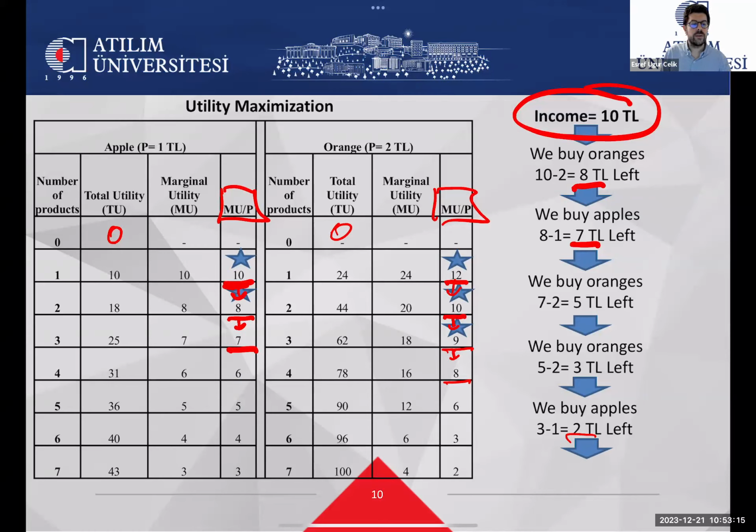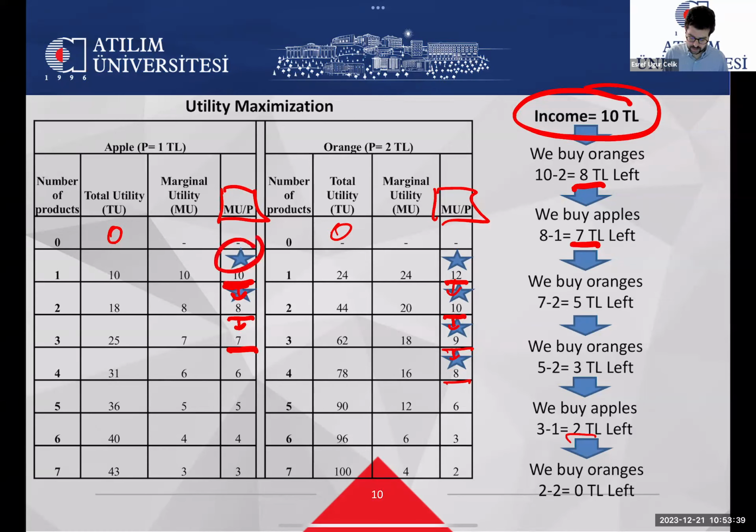Then for getting 1 more apple, we get 7. For getting 1 more orange, we get 8. Which one is greater? Exactly, orange. And we pay our last 2 Turkish lira. And we find the optimum level of consumption.